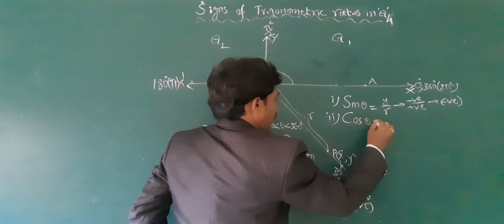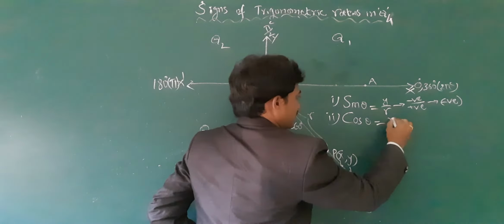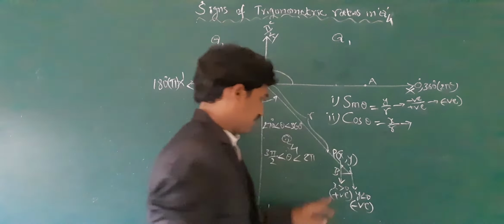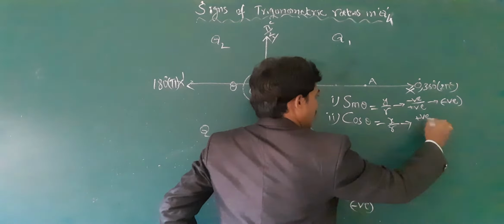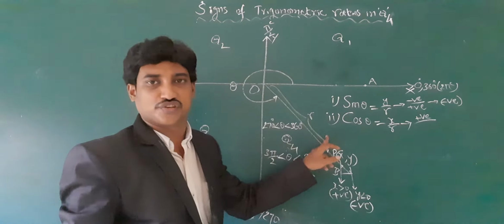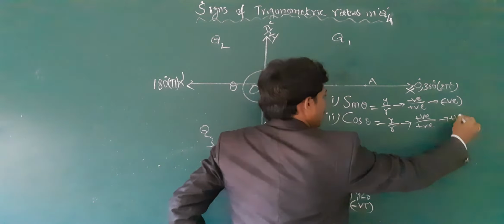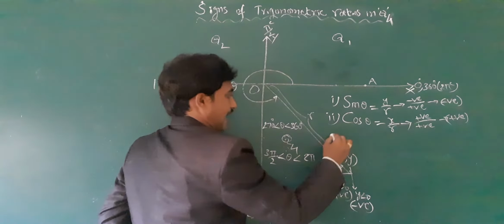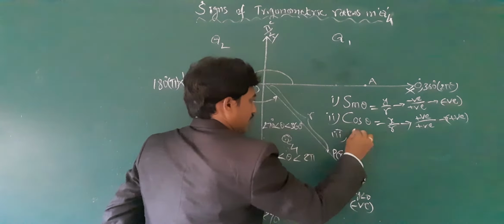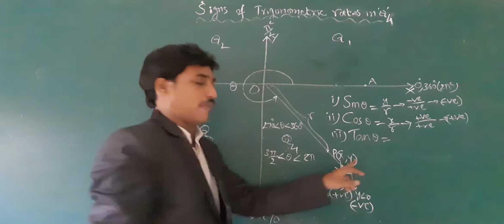Cos theta is x by r. X is a positive quantity, r is a positive constant, so positive by positive we get positive.